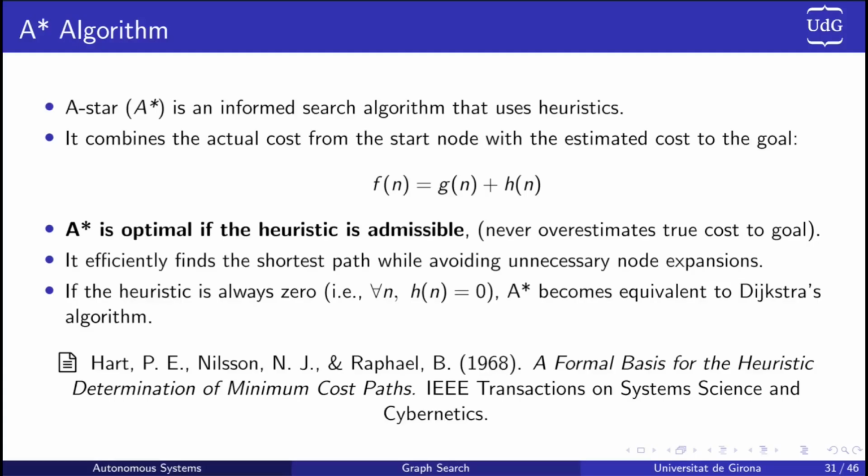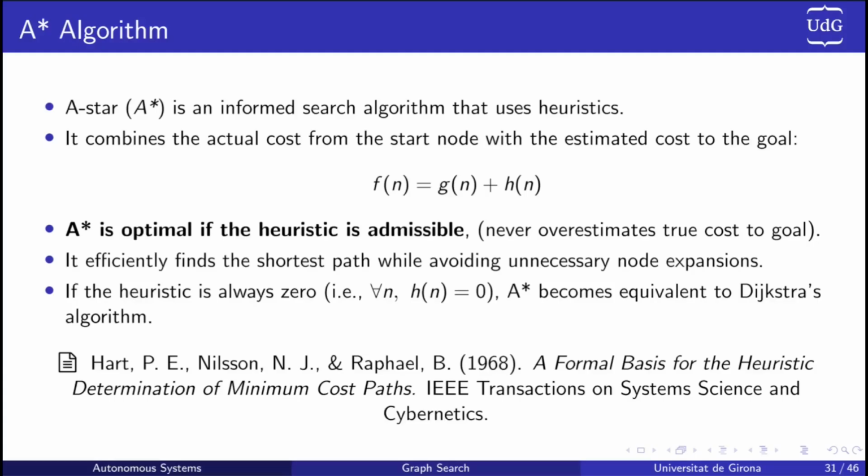For each node n, we combine the cost to reach the node plus this estimation of reaching the goal. Just doing that, it's basically applying the Dijkstra algorithm, but considering these two elements instead of only the G.